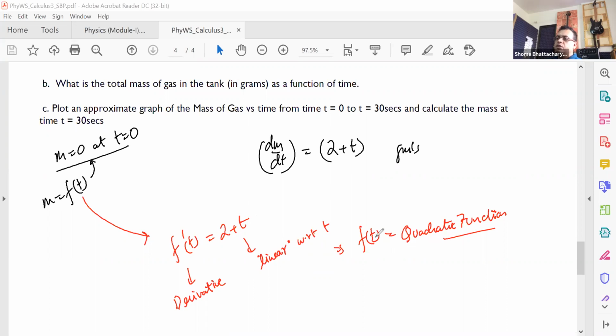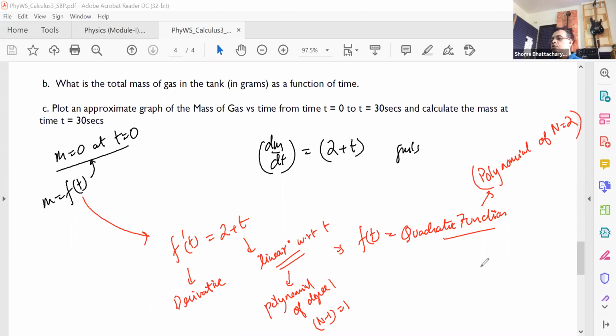So this must be a polynomial of degree 2, because its derivative is a polynomial of degree 1. Okay, so n minus 1 is equal to 1. That's why n must be equal to 2.